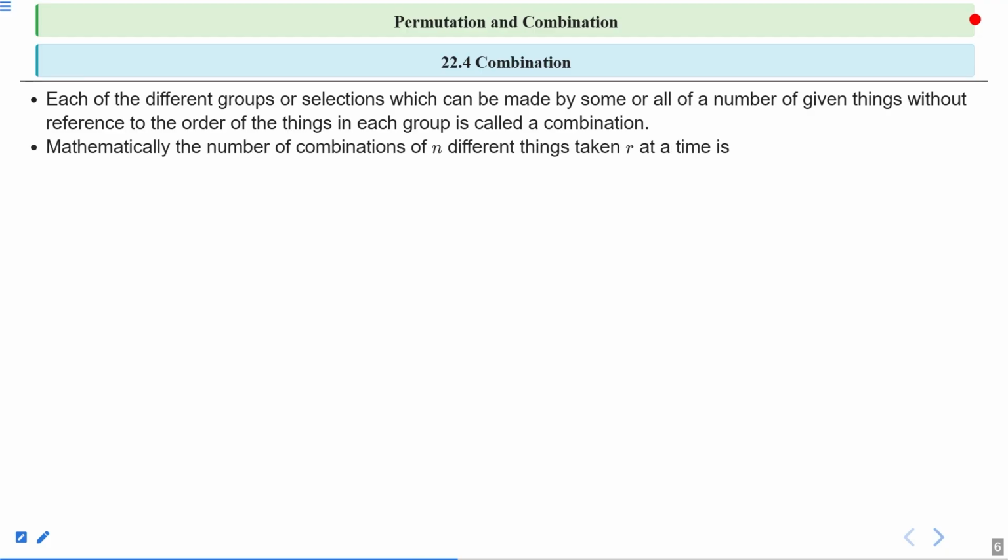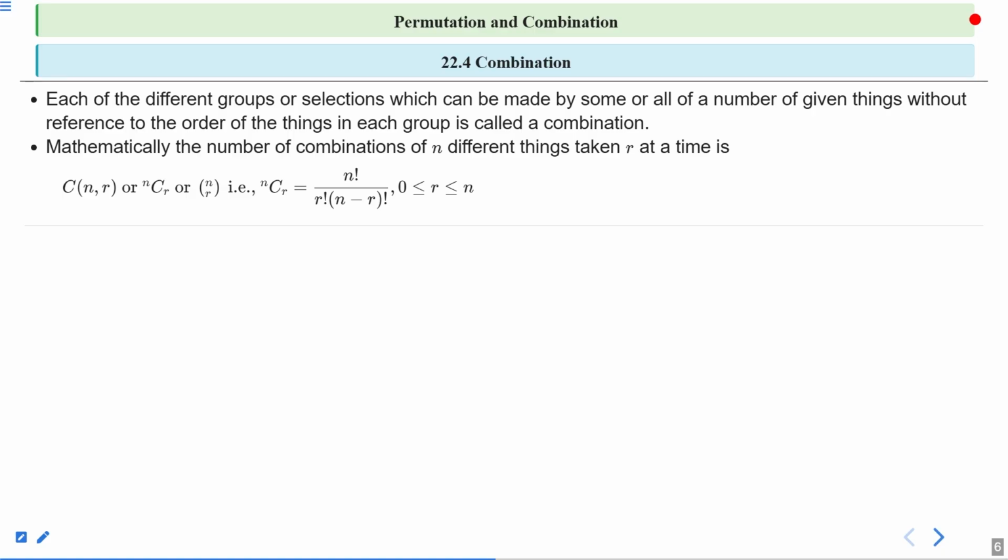So mathematically, the number of combinations of n different things taken r at a time is represented by C(n, r) or nCr, equal to n factorial upon r factorial × (n − r) factorial, where r is greater than or equal to 0 and less than or equal to n.